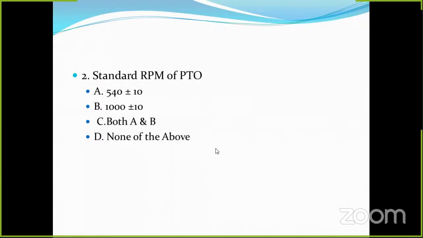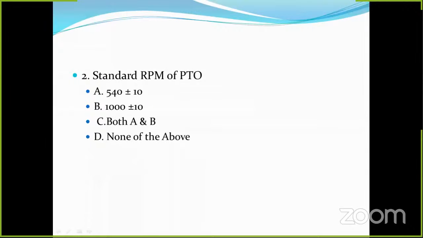Next, standard RPM of PTO. For older tractors, the standard RPM of PTO is 540 plus or minus 10.